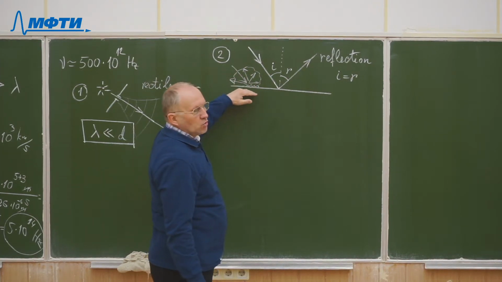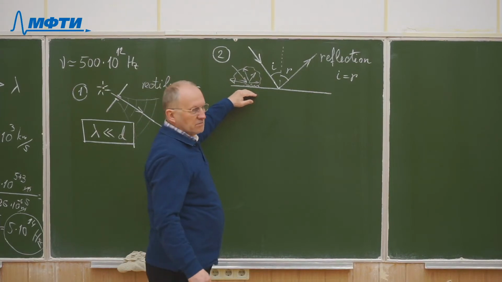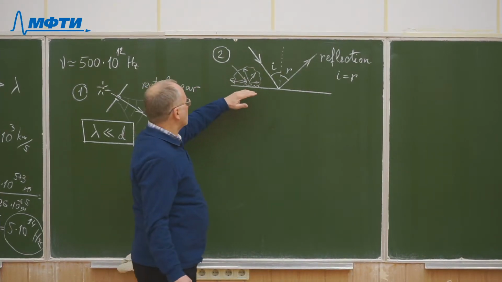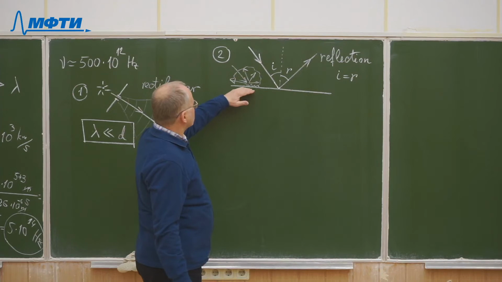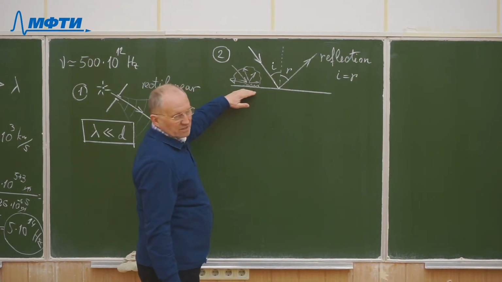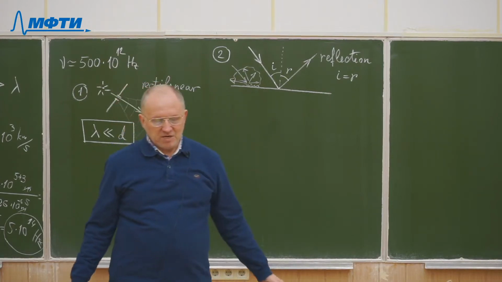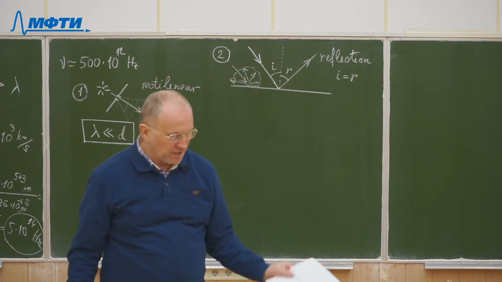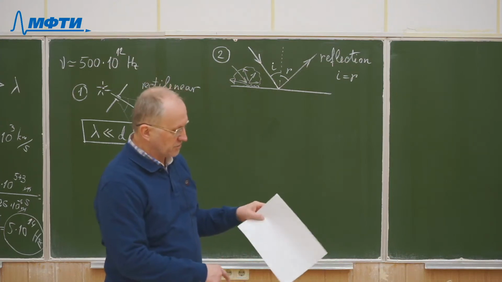That's the way all the usual objects around us reflect light. They scatter light. Any piece of paper you take is scattering light in all the directions.